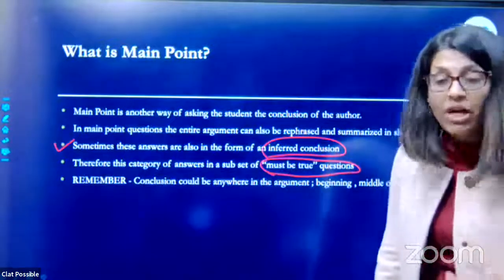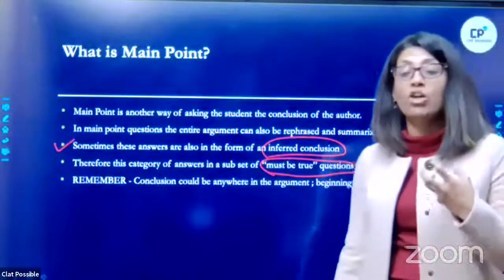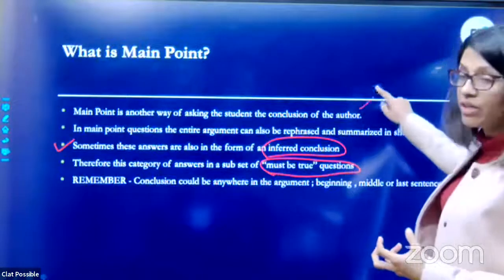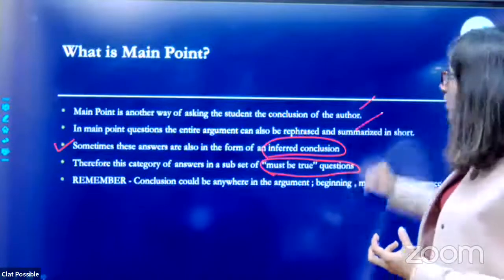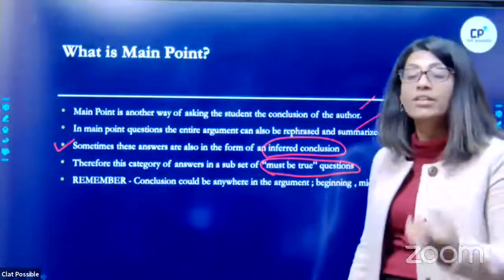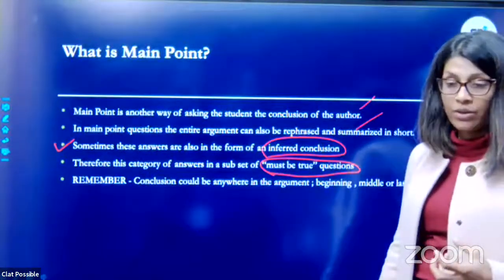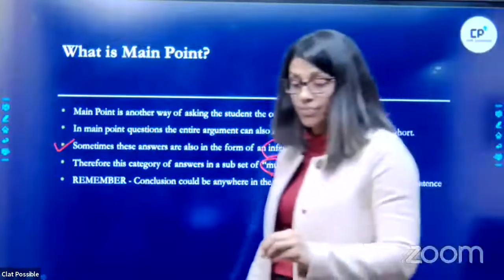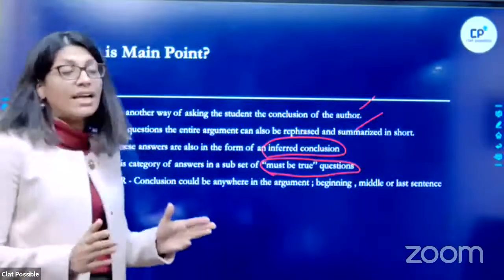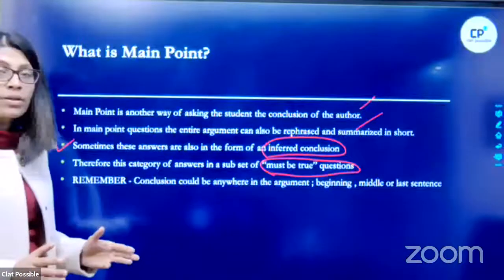The best method to solve these questions is to look at the options. You cannot predict beforehand whether the author will give the conclusion or whether the author is going to summarize it for you. This knowledge will dawn upon you only when you read the given options. So read the given options, then decide what is the type of answer that the options are suggesting.